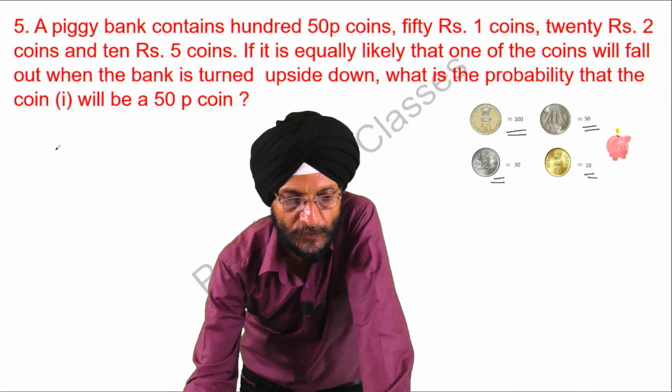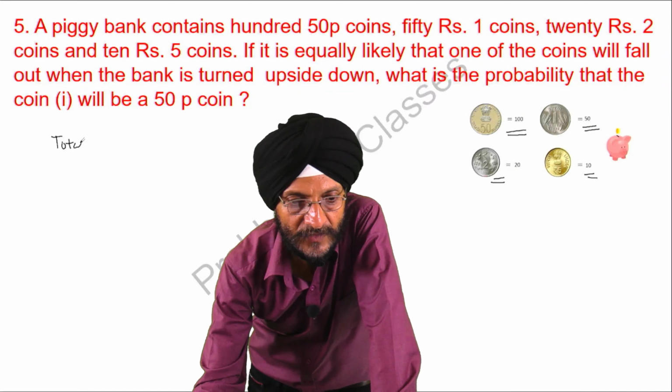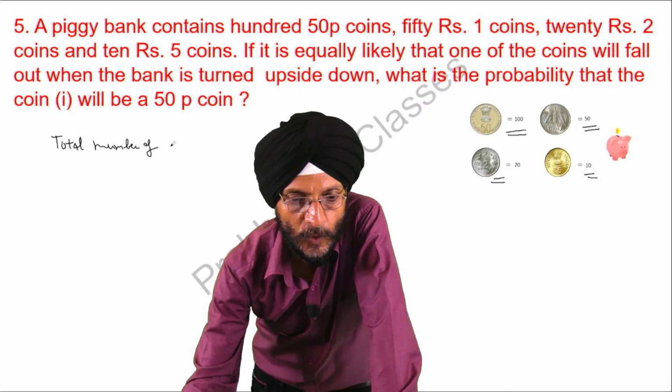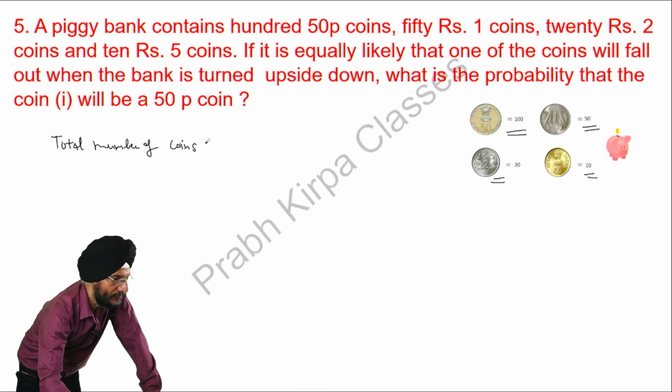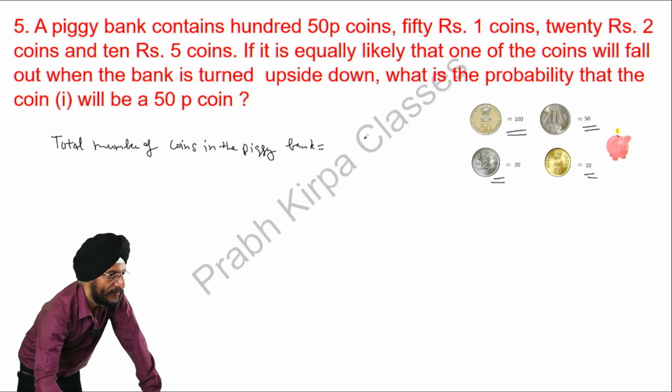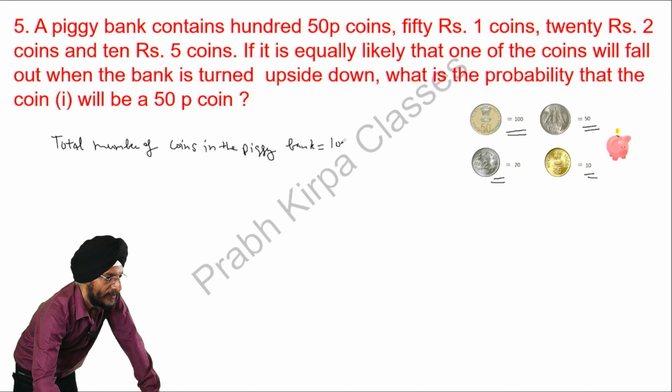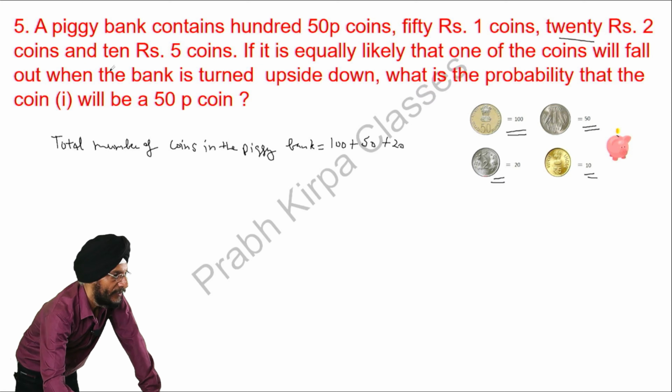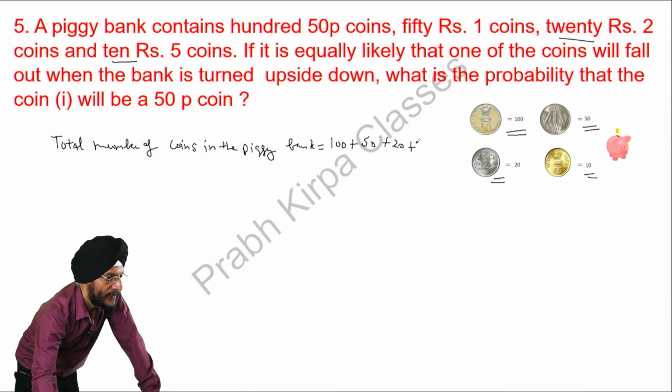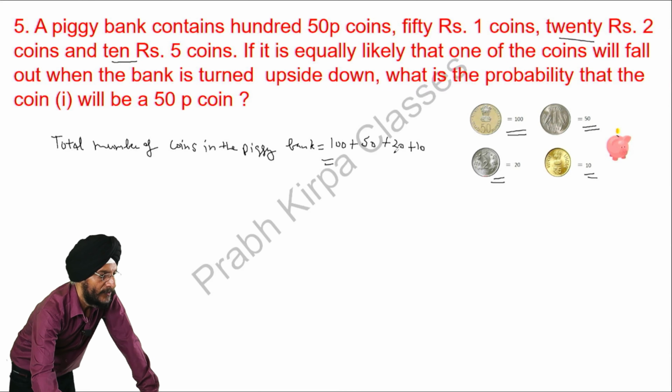So now, first of all, we will write the total number of coins in the piggy bank. What are those? 100 plus 50 plus 20 plus 10. So these are 180.